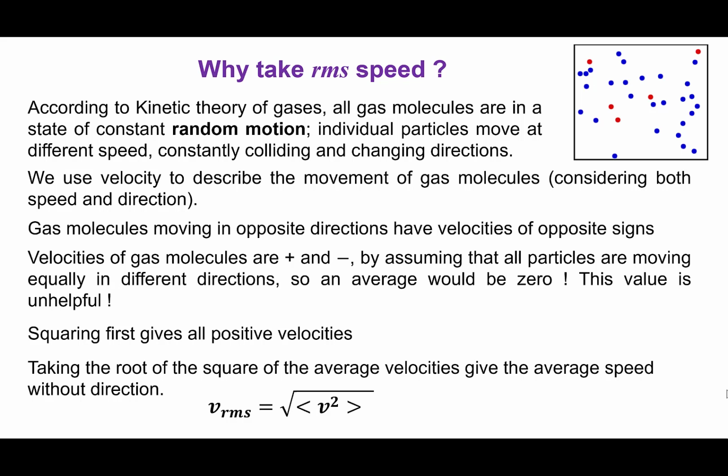Gas molecules moving in opposite directions have velocities of opposite sign. Velocities of gas molecules are positive and negative by assuming that all particles are moving equally in different directions. Squaring first gives all positive values, and taking the root of the average of the squares will give the average speed without direction.